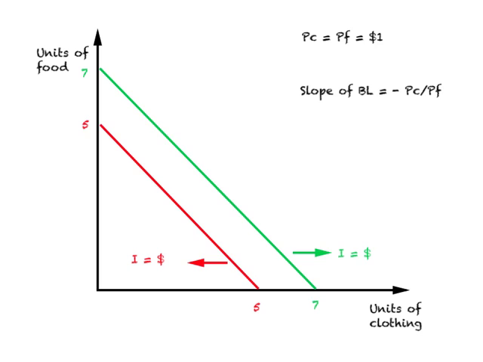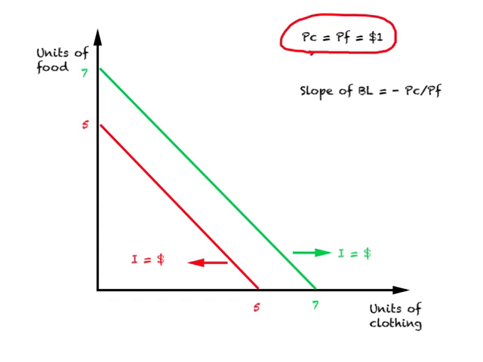In order to understand the so-called budget constraint, consider the following. Suppose price of clothing equals price of food and these two equal $1 per unit.